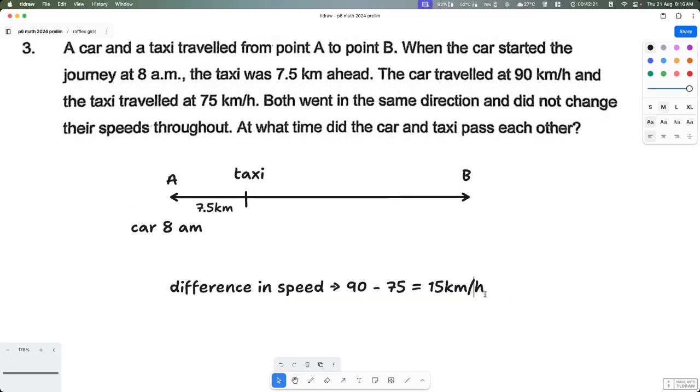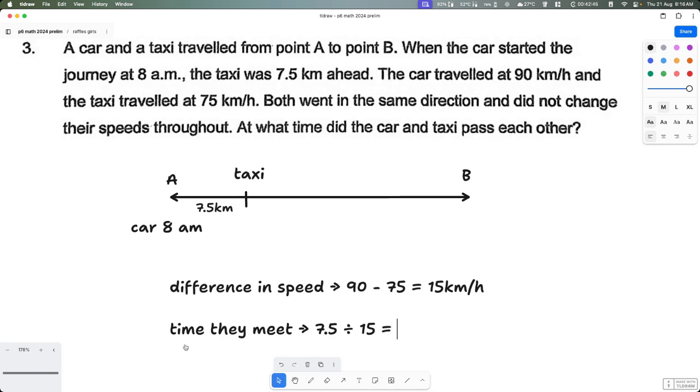Next we want the time when they catch up, so we need the distance they are set apart, which is 7.5. So the time they meet is 7.5 divided by 15.